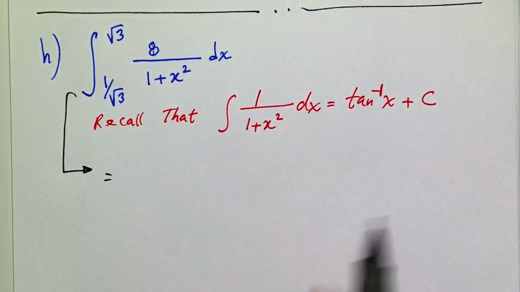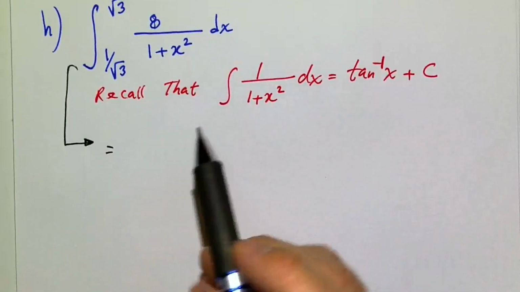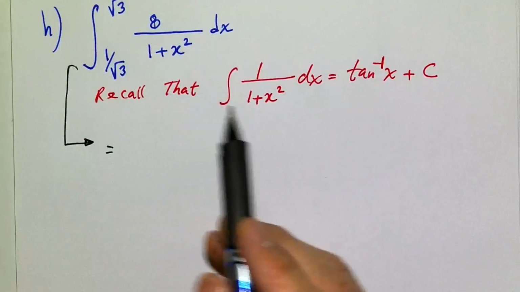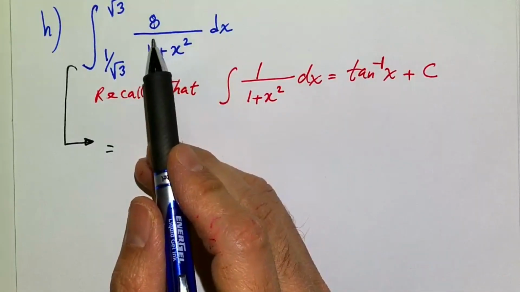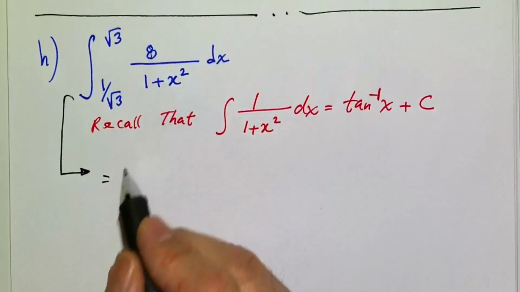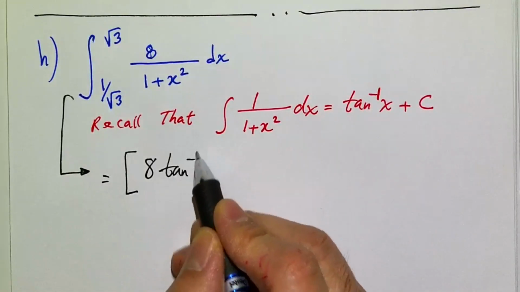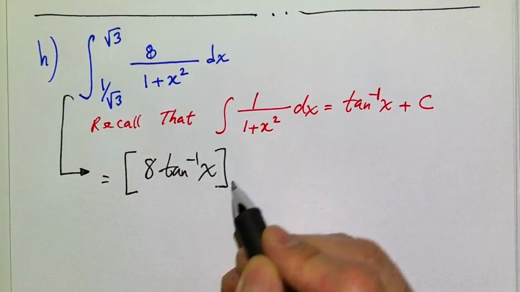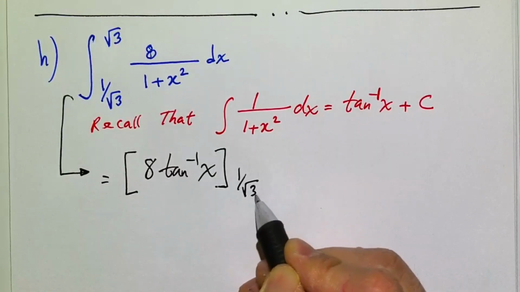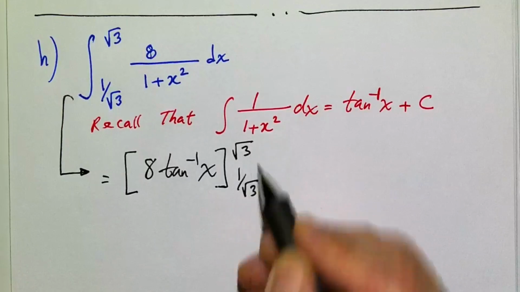So let's plug in then, but let's not forget that we have to multiply 8 by that. So we have 8 times inverse tangent of x integrated from 1 over square root of 3 to square root of 3.